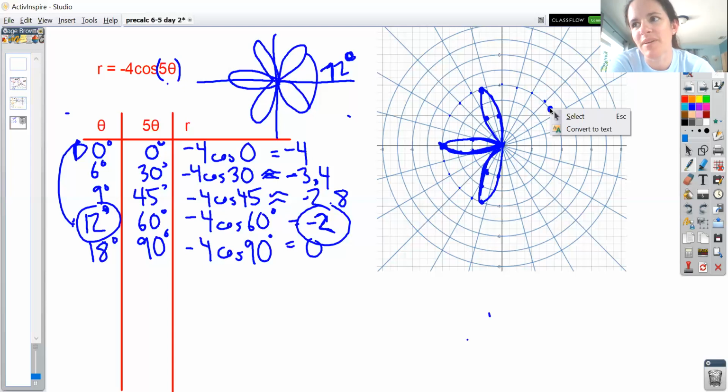Sorry, 144 minus 12 is 132, which is right here on the other side of that one. And 144 plus 12 would be 156, which would be about right there. And there you go, got that petal in.